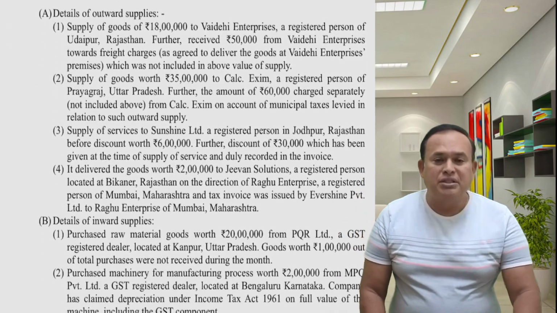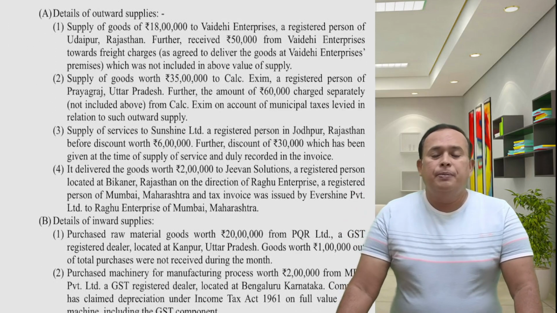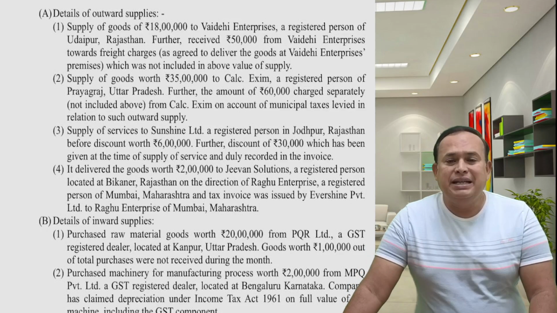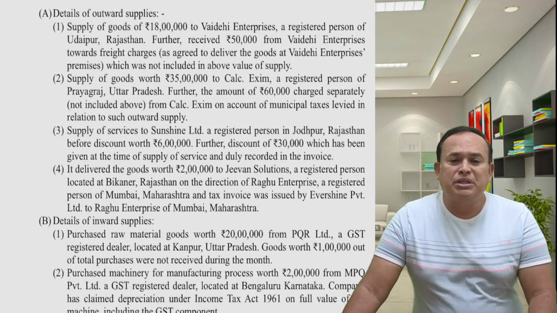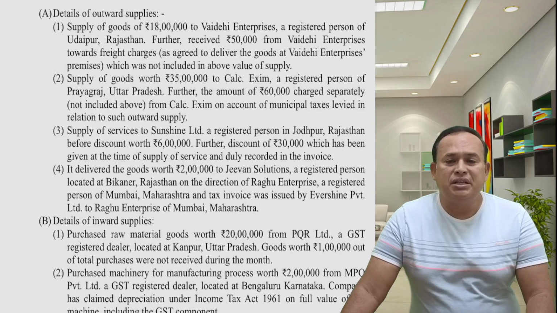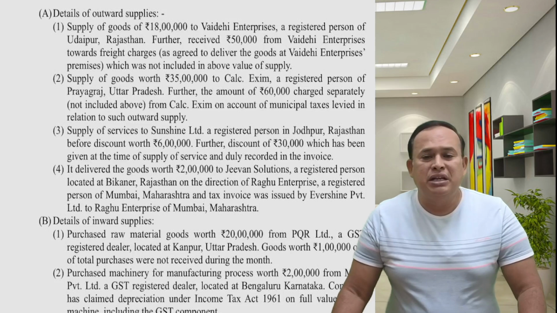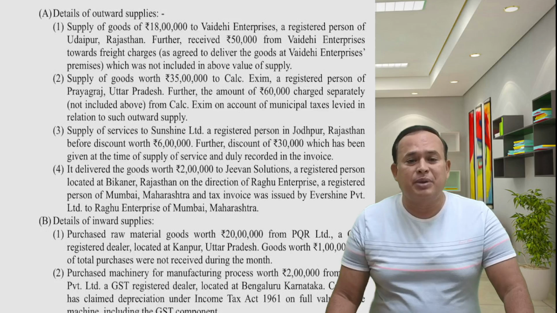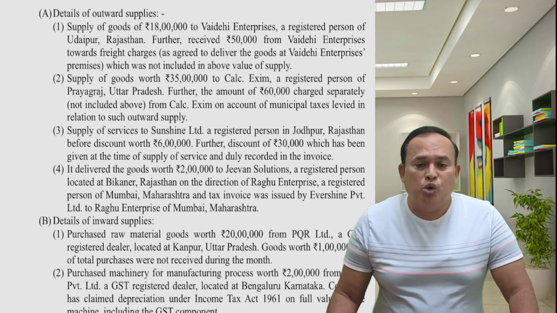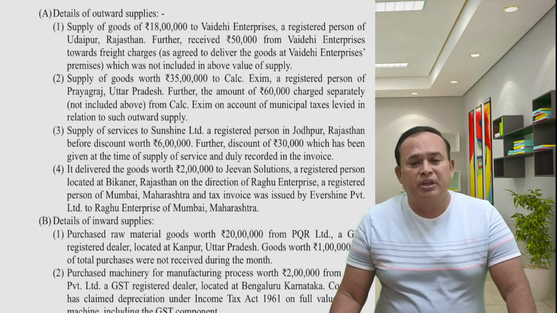Details of outward supplies one by one: supply of goods of 18 lakhs to Vaidehi Enterprises, a registered person of Udaipur, Rajasthan. Further, received rupees 50,000 from Vaidehi Enterprises towards freight charges as agreed to deliver the goods at their premises, which was not included in the above value of supply.